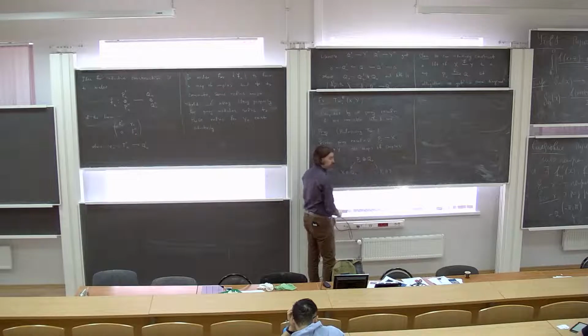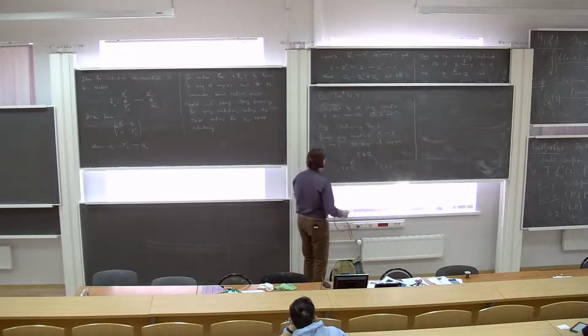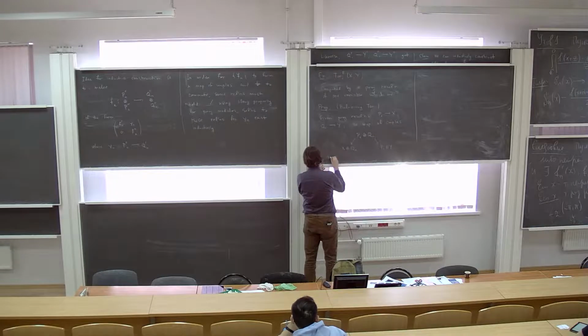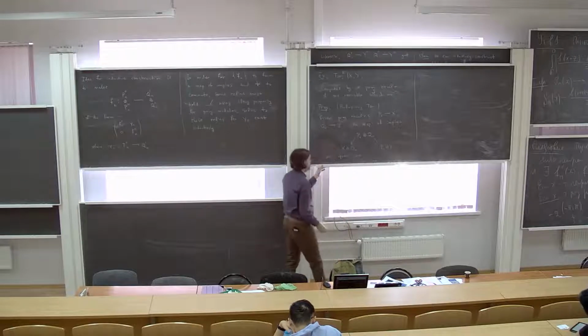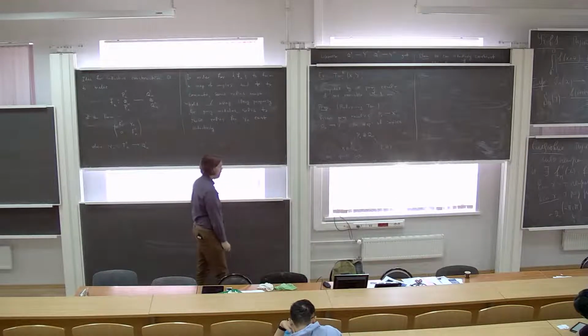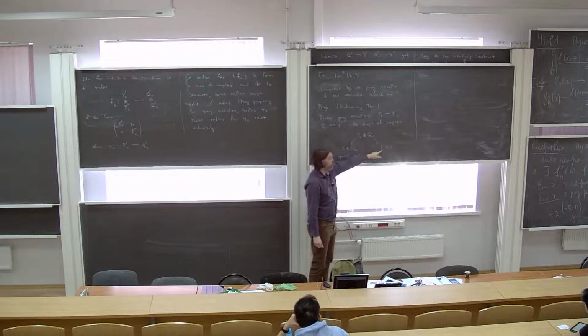So I have a map of complexes like this. And the claim is that these two maps of complexes are quasi-isomorphisms. They induce isomorphisms in homology. Okay? In particular, it doesn't matter when you're computing Tor whether you resolve y or whether you resolve x.